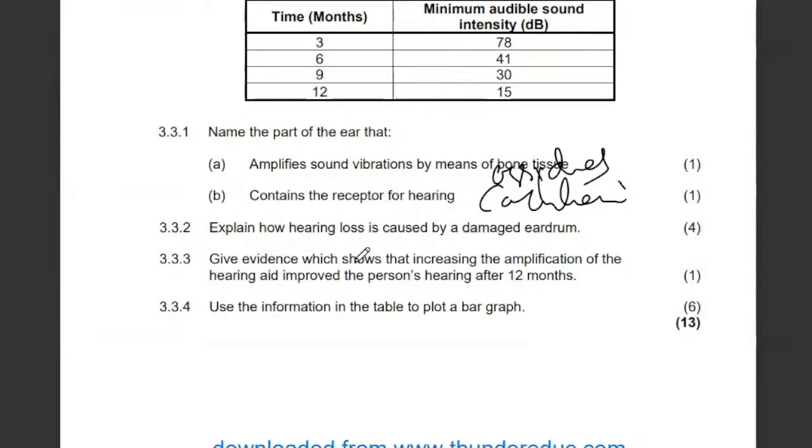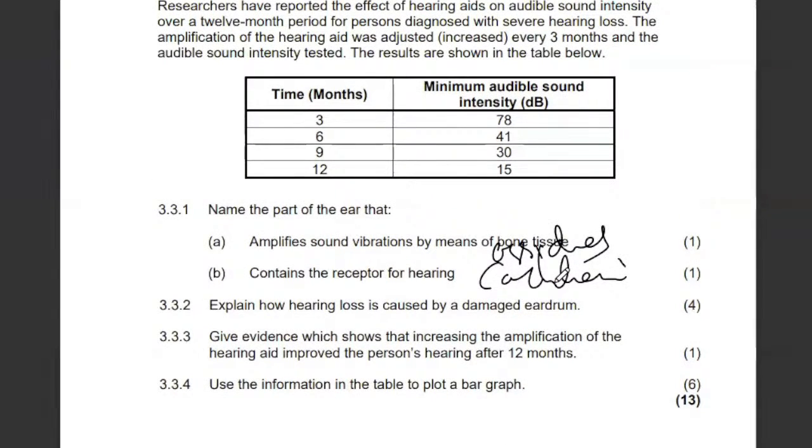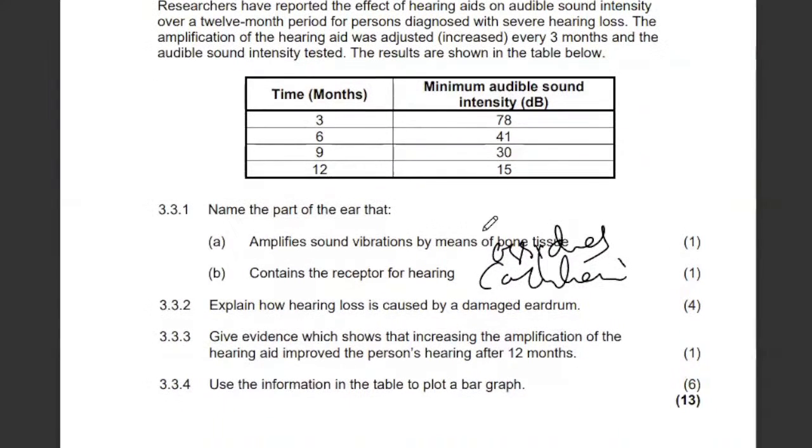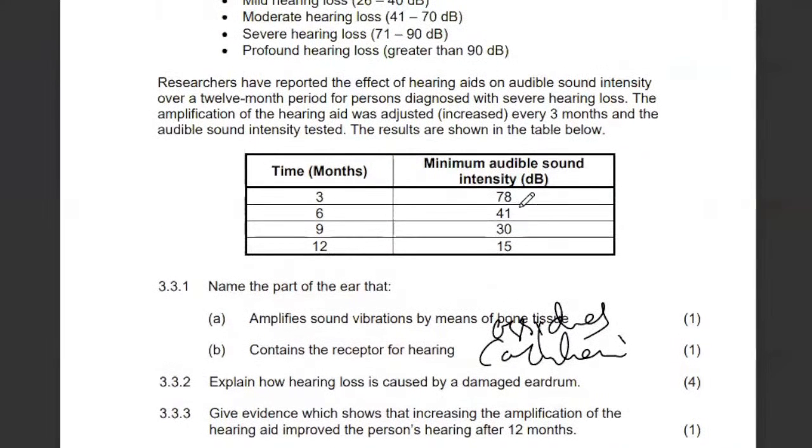Then they're saying, give evidence to show that an increase in amplification of the hearing aid improves the person's hearing after 12 months. So after 12 months, what happens? After 12 months, you see that the person can still hear the intensity which is less than 15. Because at 3, it was stopping on 78. At this, it stops on 48, 41.